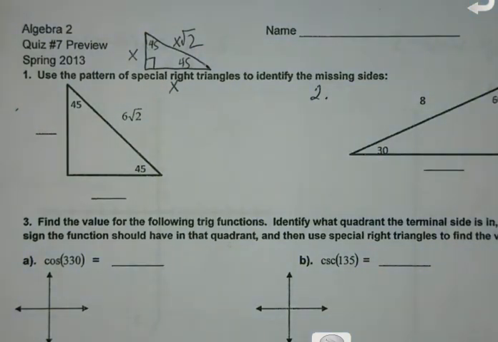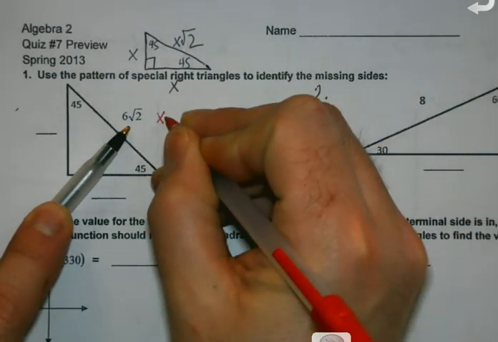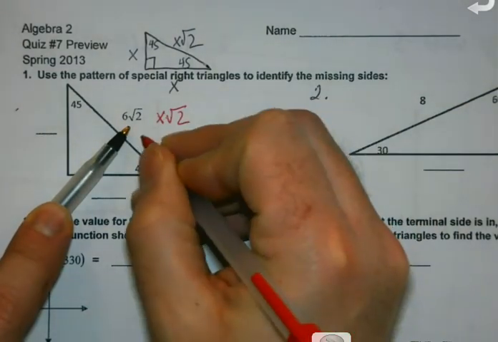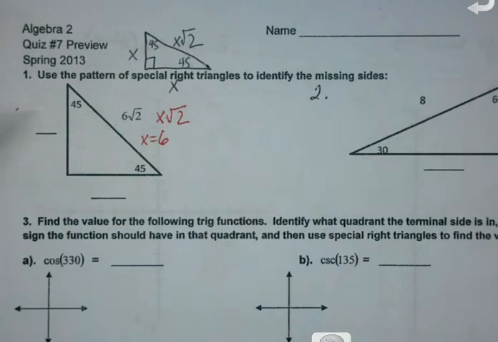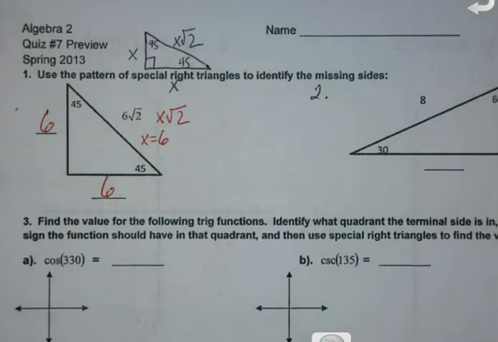Understanding that's a key, because when I see this, that's normally x square root of 2. Everything else is 6. In this case, that tells me my x value is 6, and that tells me what each of my other sides would be. So it makes it pretty easy if I understand that basic principle.